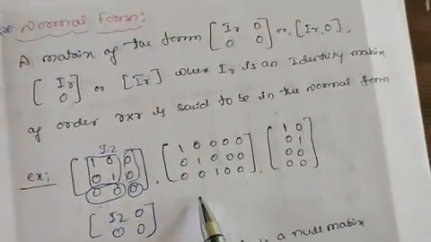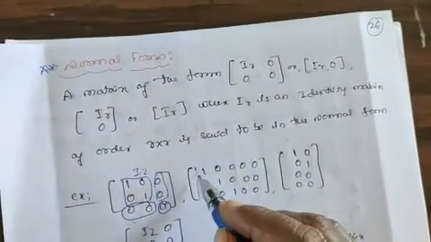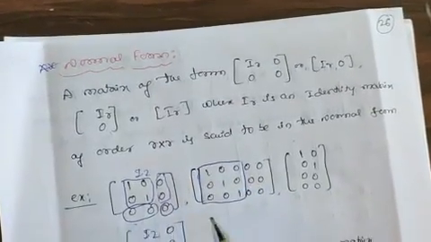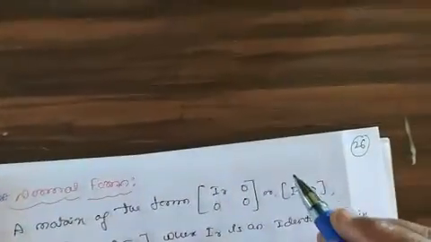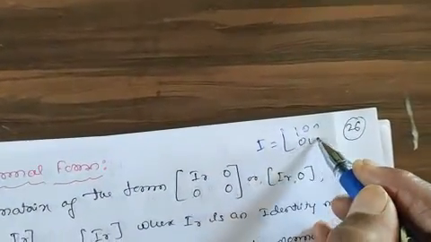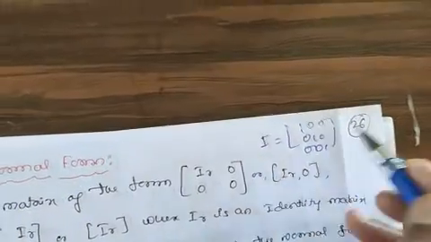Similarly, this is another example. Here we have a unit matrix. I hope all of you know the unit matrix. The unit matrix is equal to 1 0 0, 0 1 0, 0 0 1.